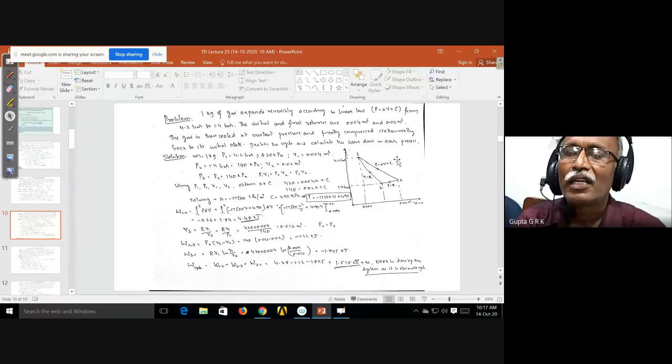This is a linear relation, P equal to AV plus C. Whenever I have this, because W is integral PdV, I have to have pressure in terms of V. So I have to substitute P as a function of V, then integrate it from 1 to 2. That is the way I have to go about it. So here we have 3 processes: linear relation, isobar, and then isotherm.